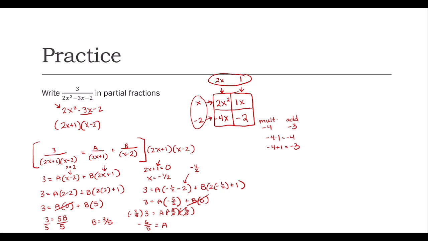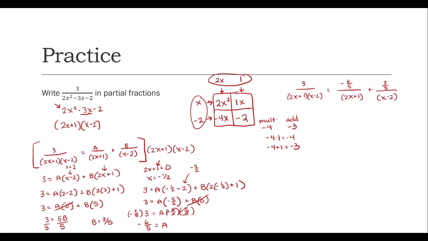So we can go ahead and plug those back in. So we have 3 over 2x plus 1 times x minus 2 equals a, which is negative 6 over 5 over 2x plus 1, plus b, which is 3/5 over x minus 2.